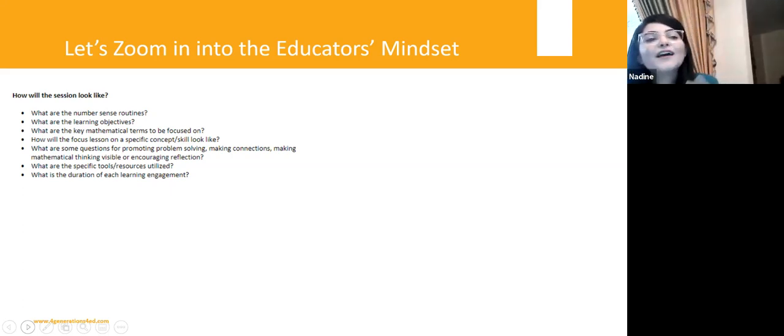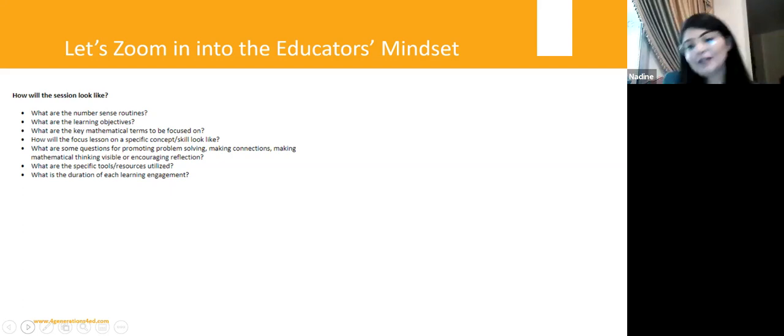Okay, now this is the dissection of the math sessions. How does the math session look? Definitely there is a lot to think about in terms of the number sense routines that we are implementing, the specific learning objectives that will be tackled within this day, this week, or the unit, and some key terminologies that we will be focusing on and communicating with our children.